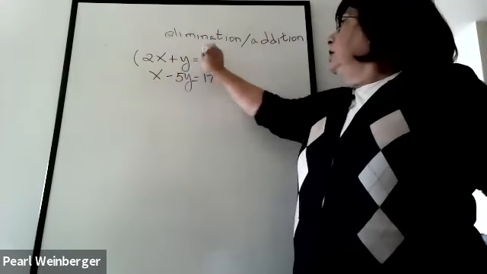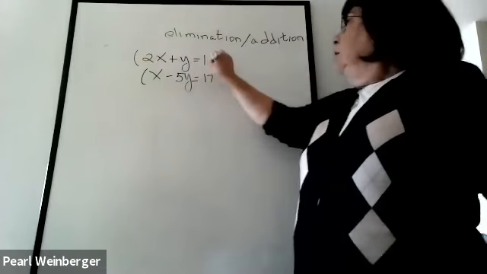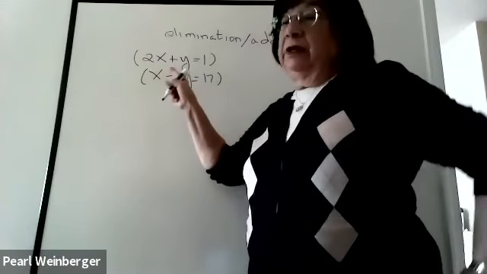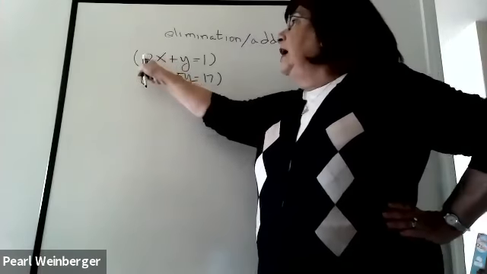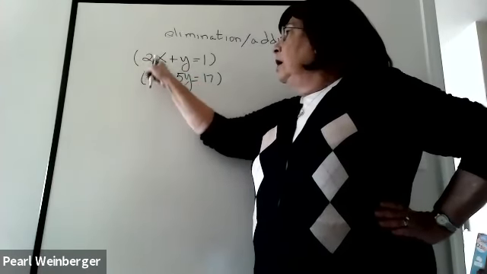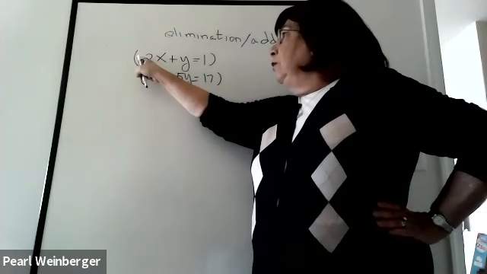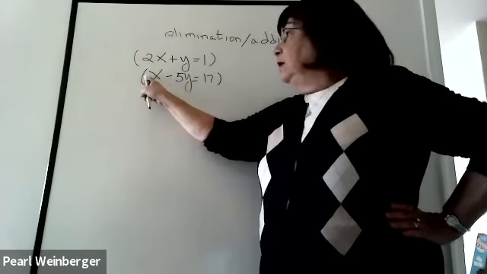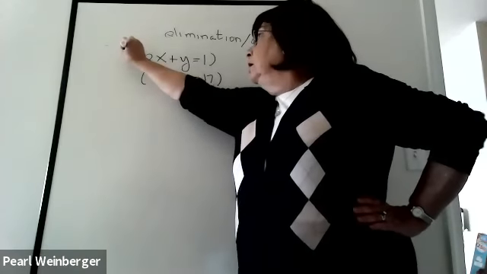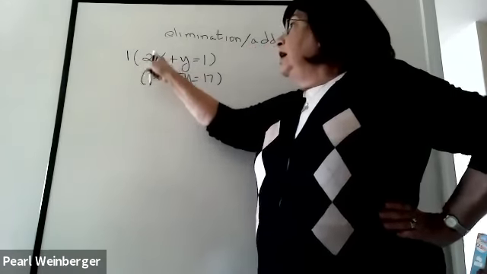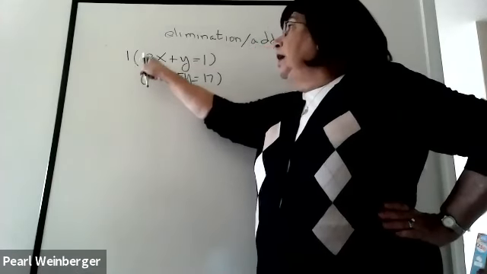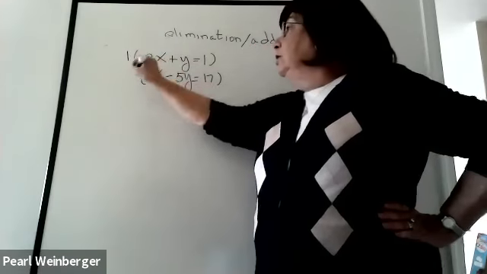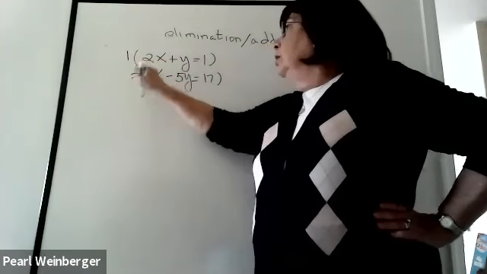Multiply each equation by the coefficient of the opposite equation. In other words, if I want to get rid of the x's, multiply the top equation by the coefficient in front of the x in the second equation, which is a 1, and multiply the second equation by the coefficient in front of the x in the first equation, which is 2.